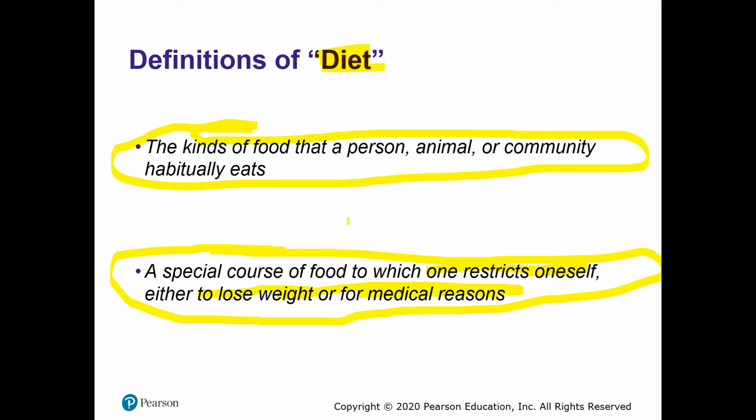So yes, I will also use this definition of diet. Hopefully you'll be able to understand which way I mean. I'm not going to ever test you on this per se. It's really semantics, but I just want to put it out there from the beginning so that you understand what I mean when I'm using this word diet all the time.